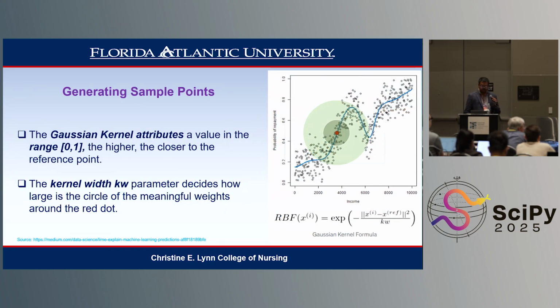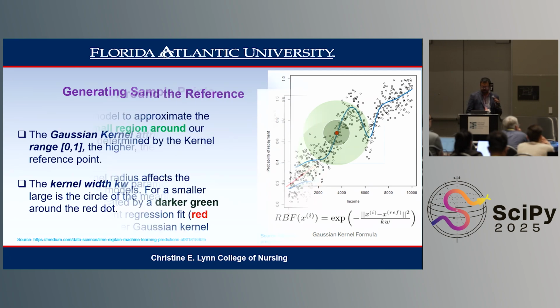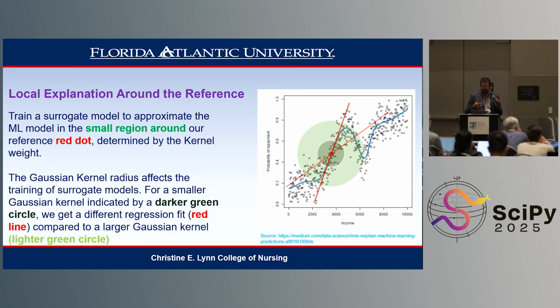Okay, so these are the beta coefficients that you get, and you can explain things. This is the weighting factor, like how much should we weight. So this is a hyperparameter. If it's large, you get a bigger circle. If it's small, you get a narrow circle.